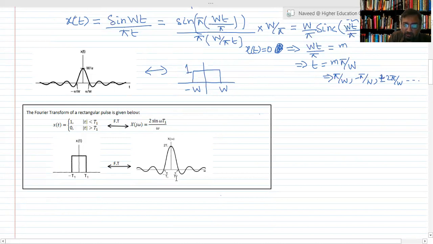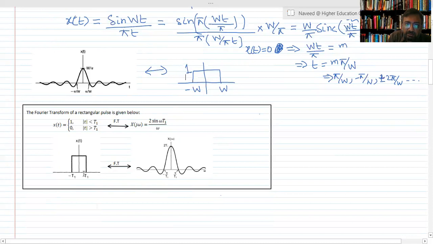T1 is in the denominator, so when we increase T1, pi over T1 becomes small, and the main lobe and also the side lobes shrink. So when we expand this pulse and make it wider in time domain, its Fourier transform compresses. And if we decrease the value of T1 and make it smaller, because of the inverse relationship here, the Fourier transform will expand.